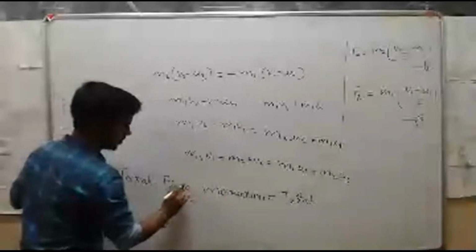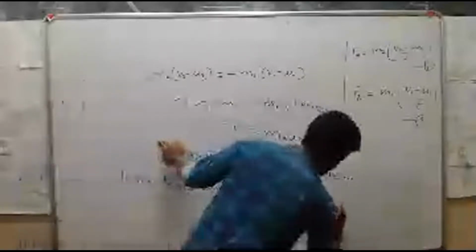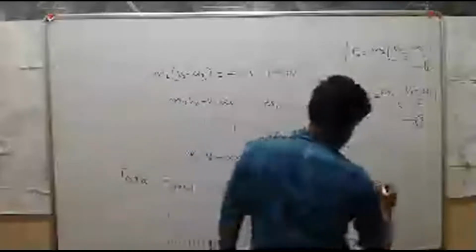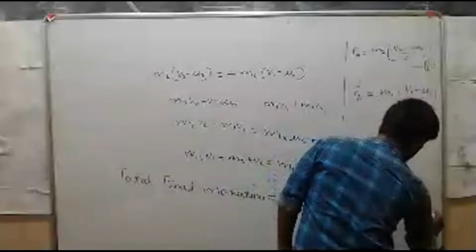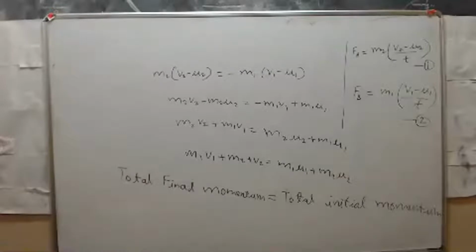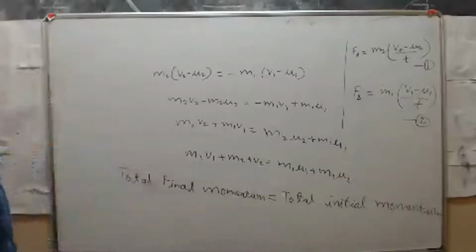Total final momentum equals total initial momentum. So this is the principle of conservation of momentum. So, clear?